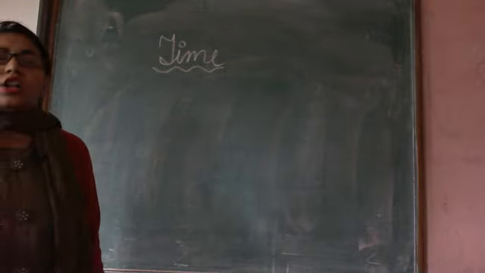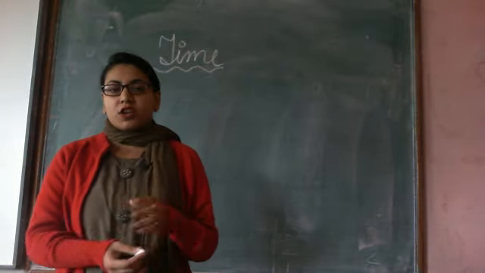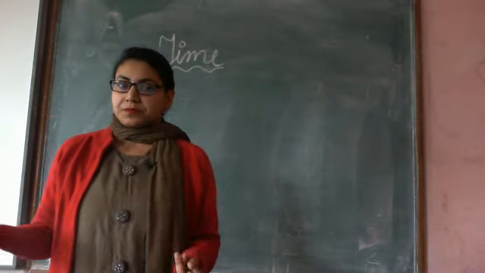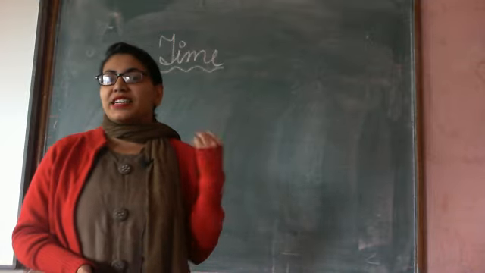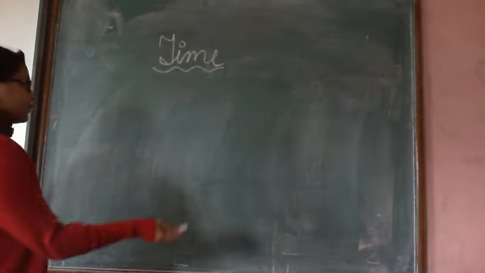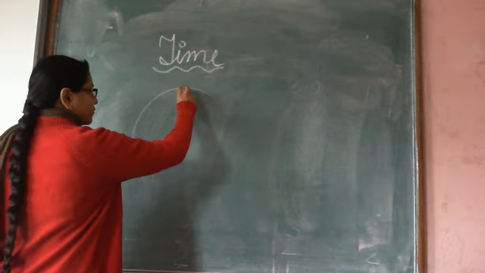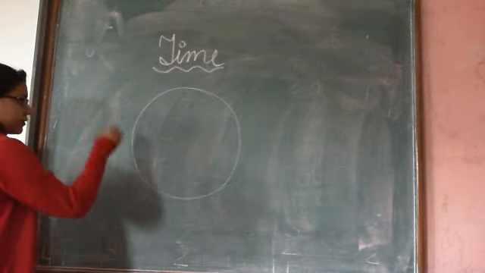People use wall clocks or wrist watches and other watches to know the time. So let's have a look at a clock. Let me draw first.